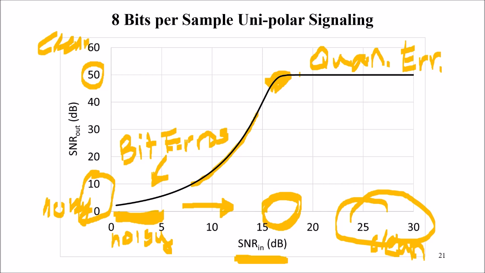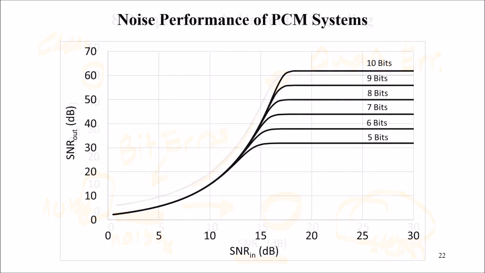The bit errors dominate for a noisy input signal, and after the signal to noise ratio rises to the point where there are essentially no more bit errors, we are left with the quantization error, which is a constant and does not change even with a better signal to noise ratio at the input. Just for illustration purposes, I ran the same Excel sheet for various numbers of bits per sample, and they all have the same kind of shape.